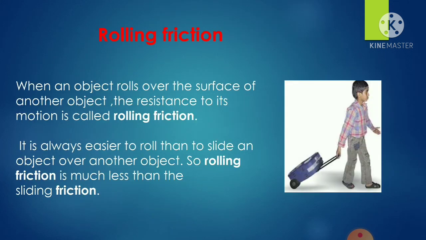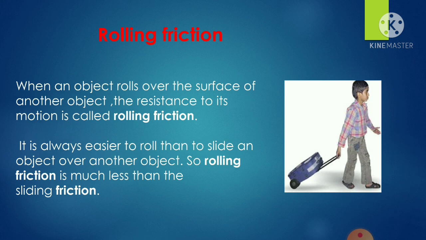Next is rolling friction. When an object rolls over the surface of another object, this type of friction is called rolling friction. For example, whenever we are using wheels, you can see the picture here in the bag. The wheels are there, so it is easier to carry such a bag because the friction is reduced.